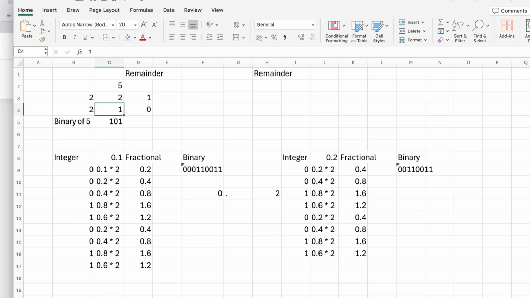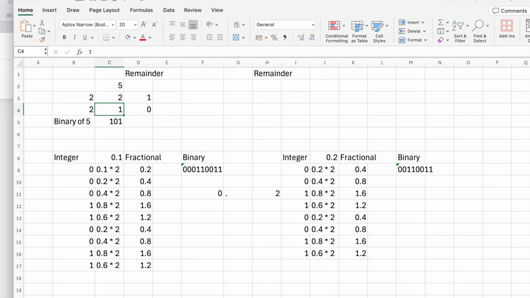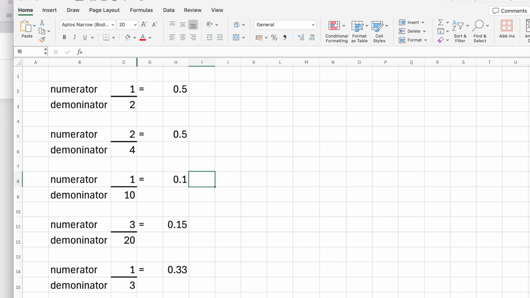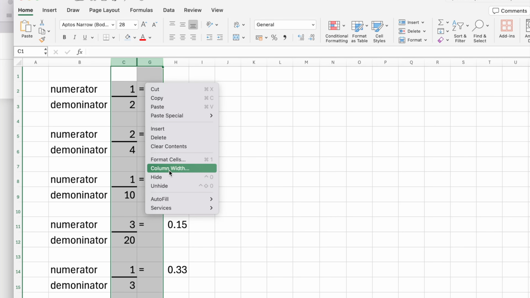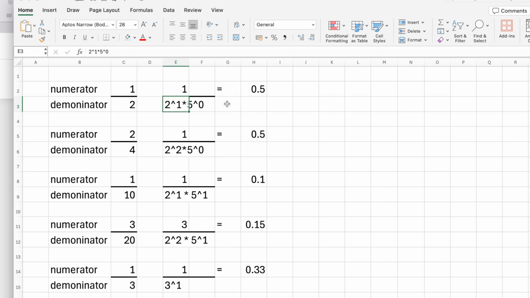Similarly, if I go back to 1 upon 3, you can never write it exactly. In fact, even in decimal numbering systems, you can write perfectly only those numbers where the denominator is a multiple of 2 and 5.